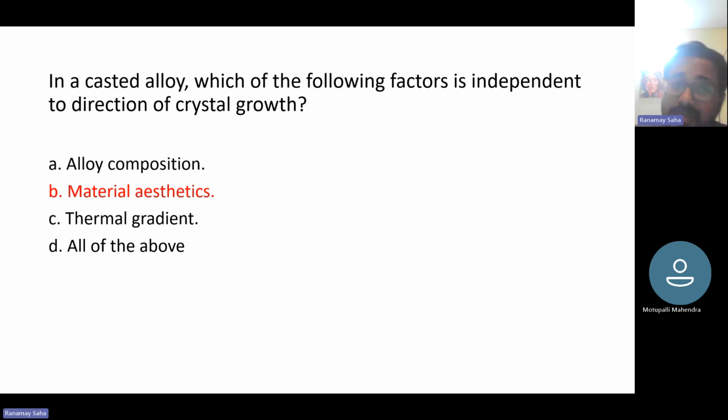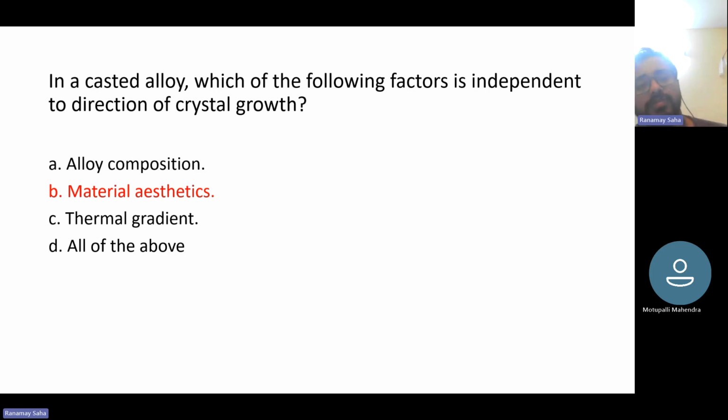Then you have, in a cast alloy, which of the following factors is independent of the direction of crystal growth? You have four options. Crystal growth we had discussed in the first class, how solidification is affected in the case of a pure metal and an alloy.